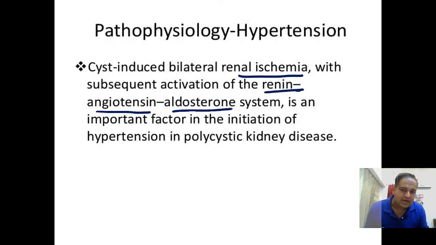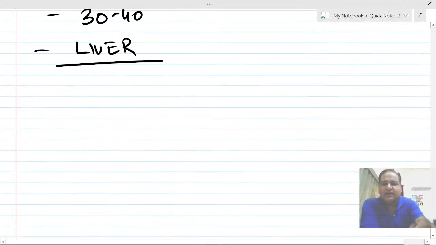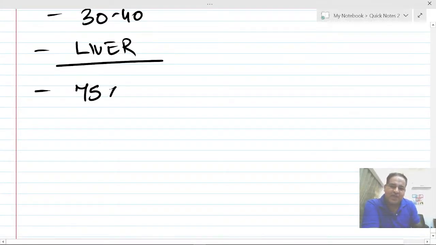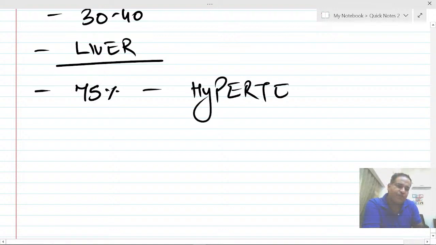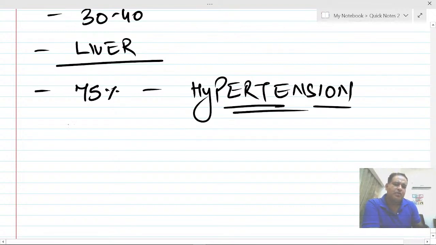The renin-angiotensin system will be activated. Aldosterone will be secreted. That is why 75% of the patients, adults, suffer from hypertension. Now, chronic persistent hypertension will give rise to ischemic heart disease.